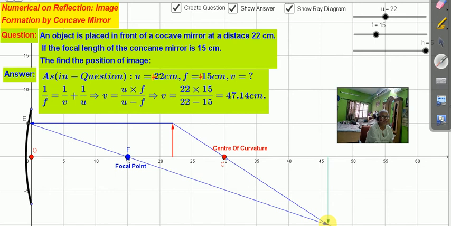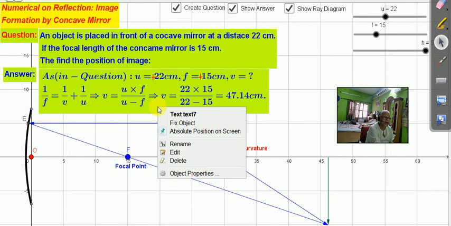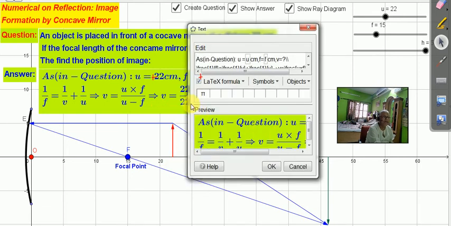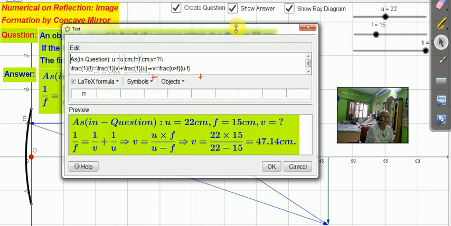If you want to know the height of the image, that also you can do. How will you do it? I am solving it here.